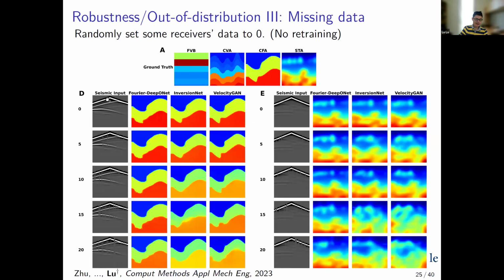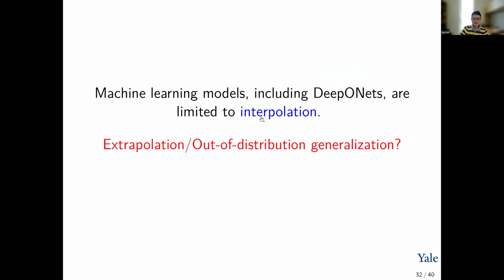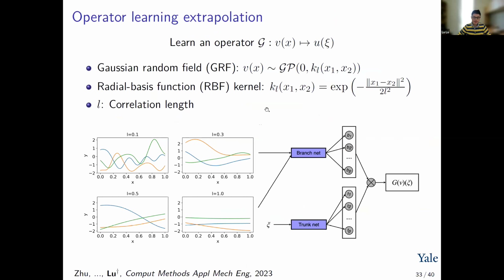Because compared to our training data set, although we have some missing values and large noise here, more or less there is still some similarity. But now let's go to real extrapolation, a totally different data set for training and testing. We start from a more well-defined setting.